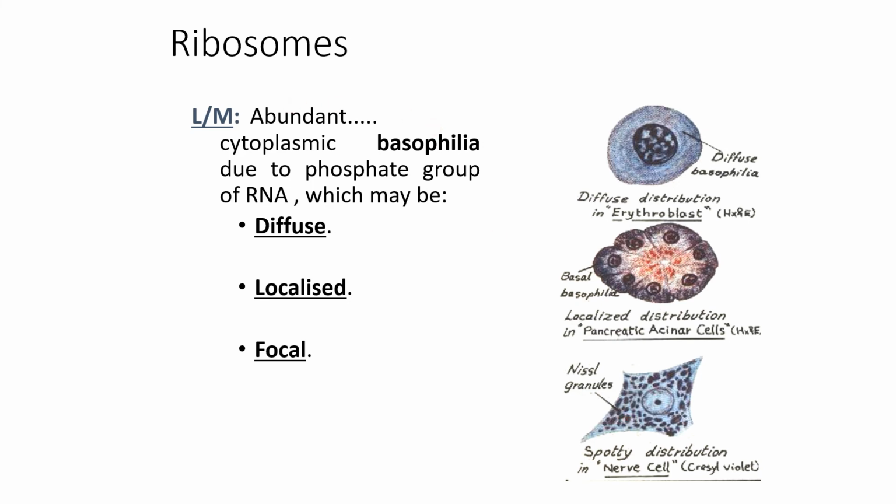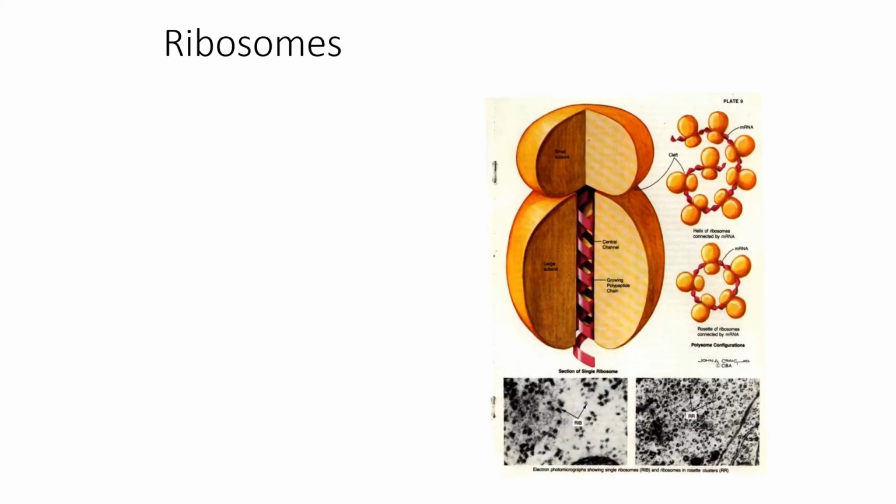So the ribosomes cause cytoplasmic basophilia because ribosomes are RNA, ribonucleic acid, and an acid likes to be stained with something basic. Something basic is called basophilic, and the basic blue stain is called hematoxylin.